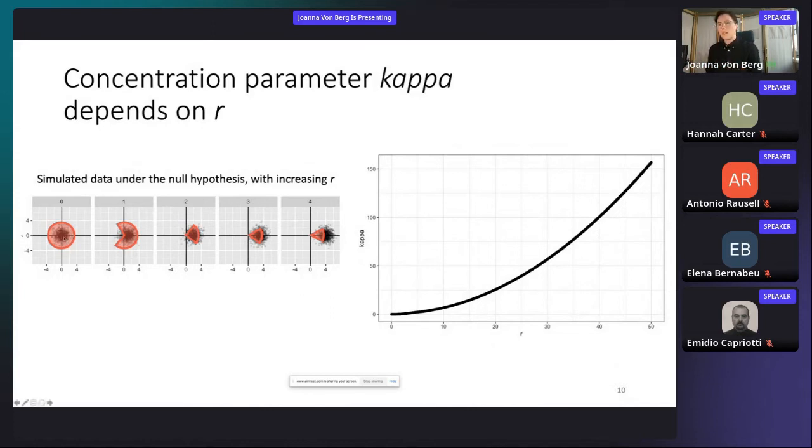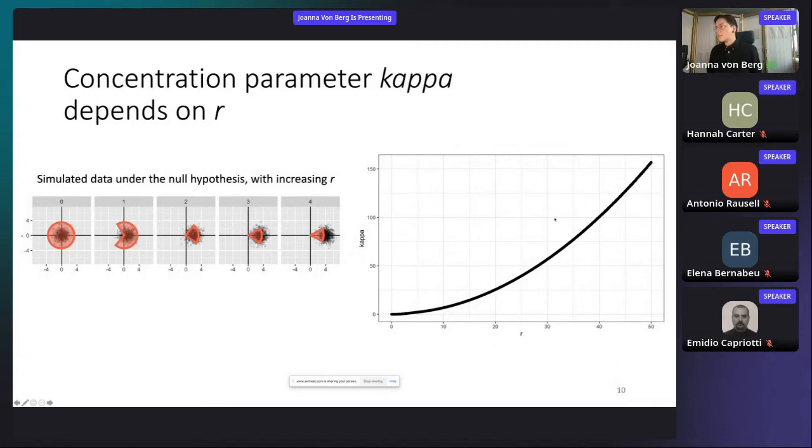If each SNP comes from a bivariate normal distribution, here I've simulated the distribution of one SNP, and we see that as it moves further away from the origin, the spread in the angles gets smaller and smaller, while the spread in the original data is exactly the same. So I've simulated this, and using existing functions in the circular package in R, I've calculated the value of kappa for this simulated data. And we see that indeed it depends on the value of R.